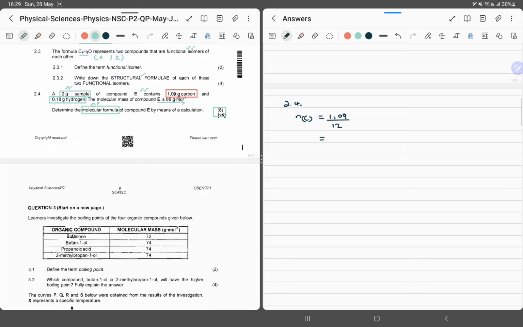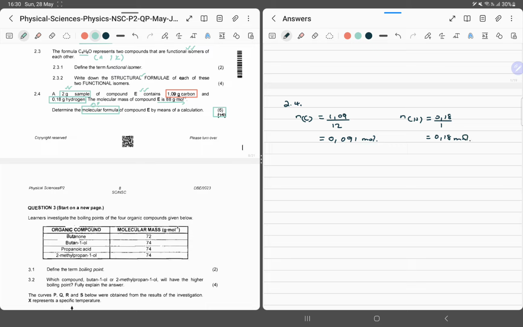So 1,09 divided by 12 gives us 0,091 moles to 3 decimal places. Okay, so you don't want to round off to 2 as yet. And then the number of moles of hydrogen is the mass that we're given, 0,18 grams, divided by 1, which is 0,18 mole. Okay, not a problem.